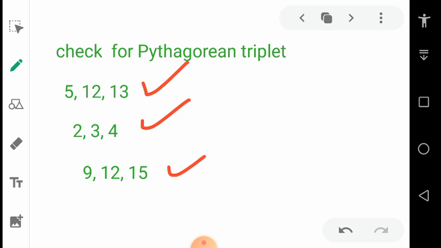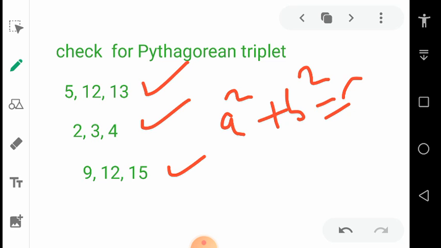We will use the formula a square plus b square equals c square. We put the values here, and by substituting, if we can prove that LHS equals RHS, then we can say these are a Pythagorean triplet. If they do not satisfy it, we say these are not a Pythagorean triplet.